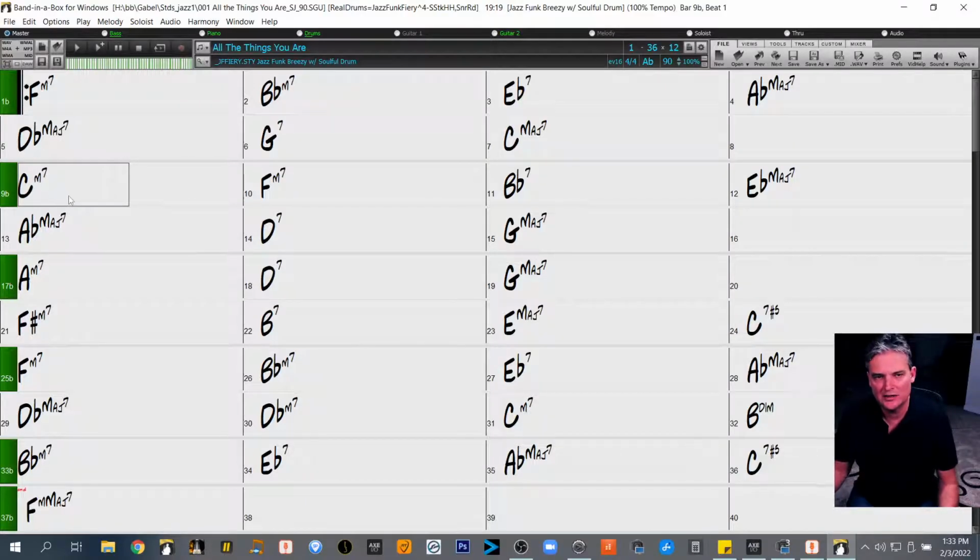Because this C minor, if it were by itself, could be from 3 different keys. But as we go forward through the tune and look at the other chords, we'll find out exactly where this is coming from.